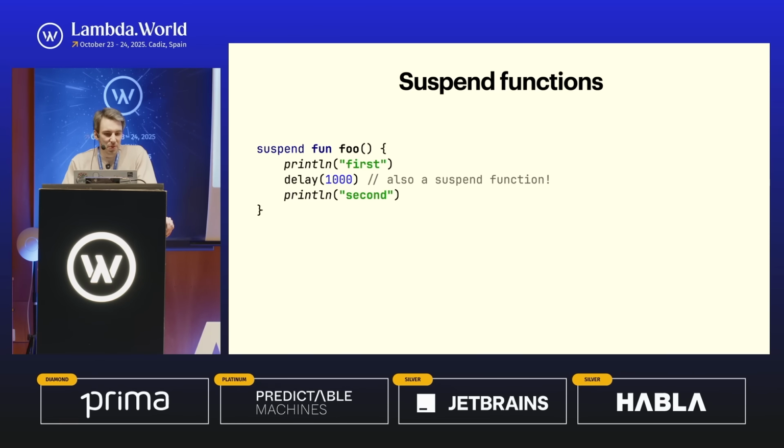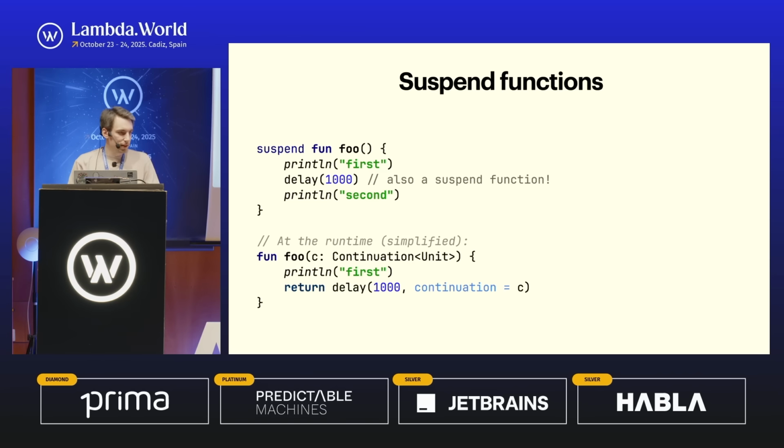So if we take a look at this example where we have suspend fun foo, it prints something, then invokes another suspend function like delay, and then prints the second string. At runtime, if we simplify this quite a bit, it's our function foo that takes a continuation parameter.